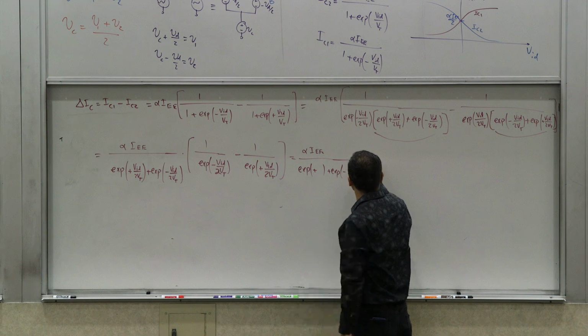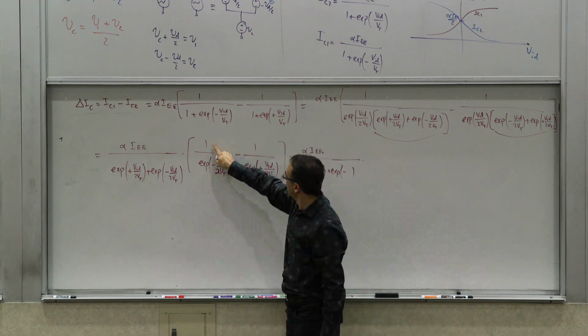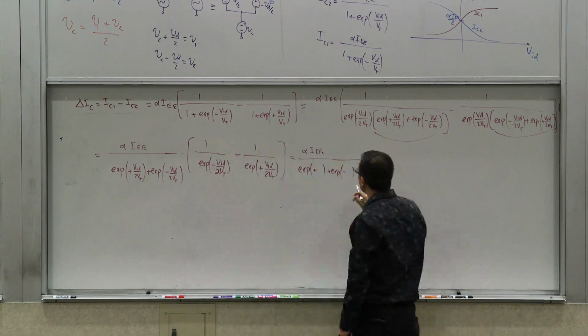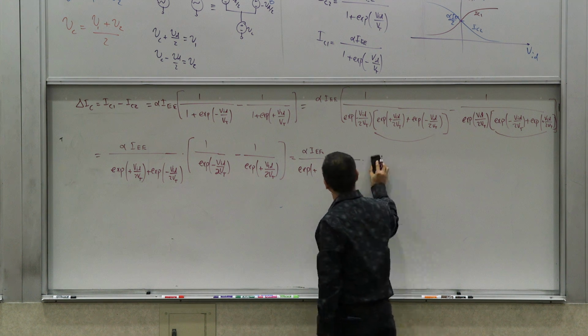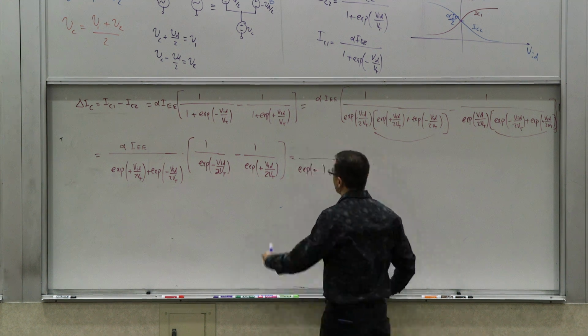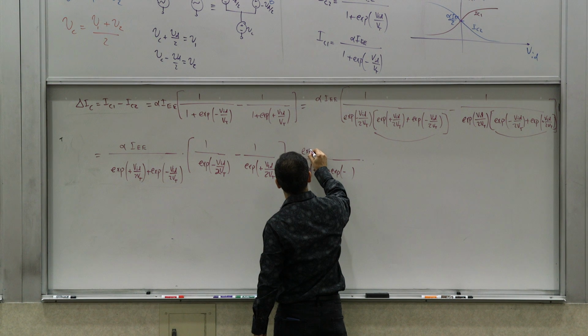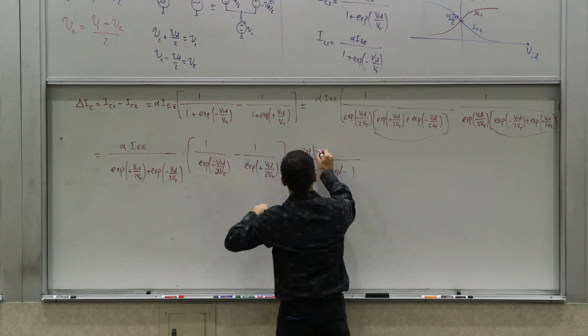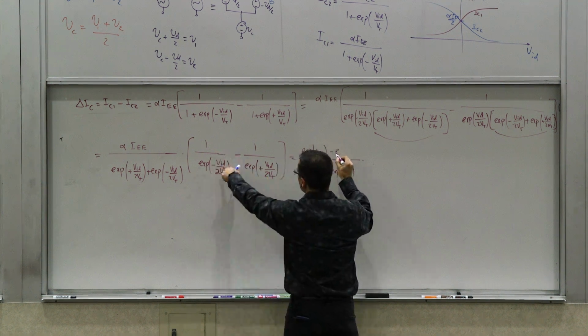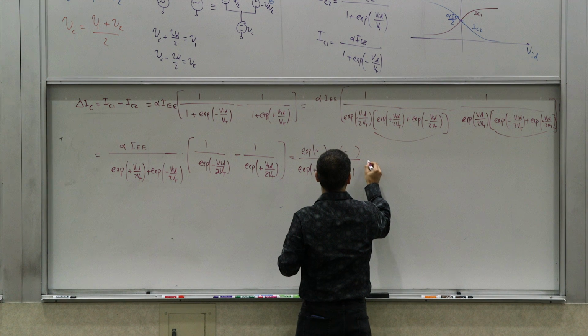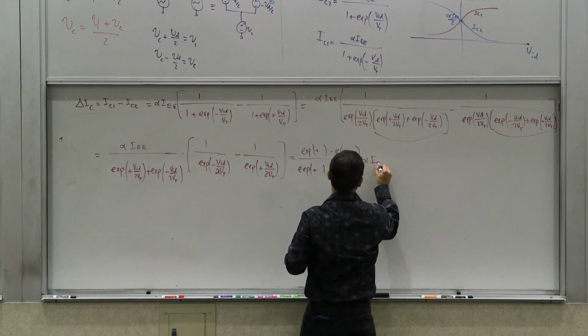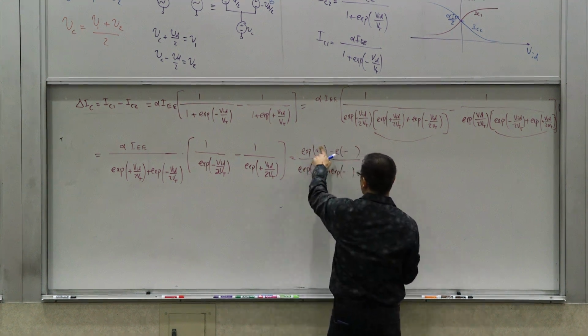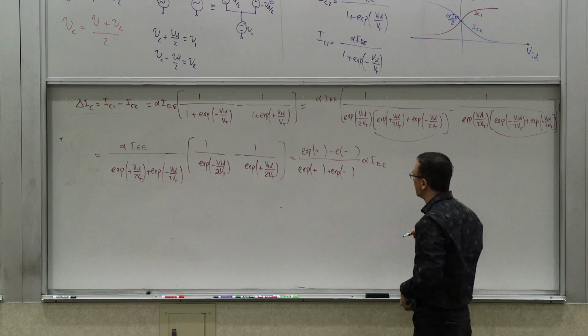So then you have alpha I_EE divided by e to the positive plus e to the negative of that thing. So what we are left with, this is going to go here, this is going to go here. I'm going to put them in the denominator. So you get e to the positive here minus e to the negative here times alpha I_EE. When I say negative, I mean negative V_ID over 2V_T.